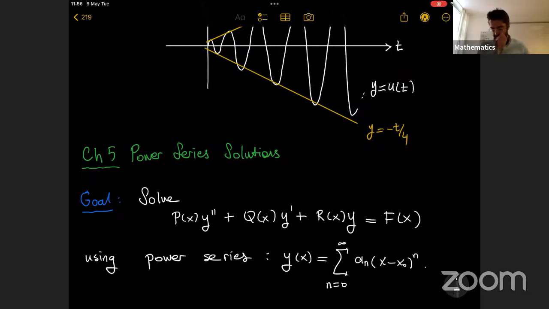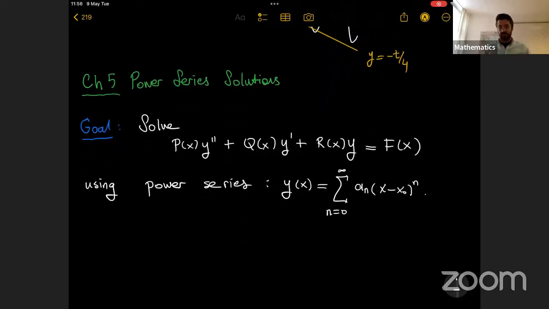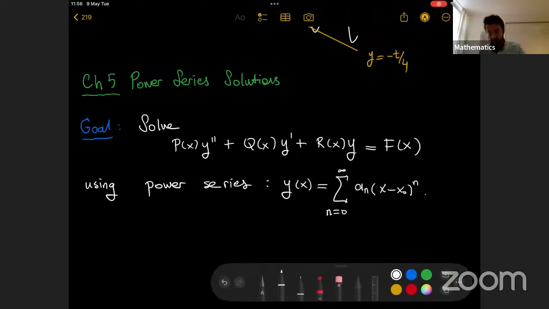Remember this from calculus. A power series is a function in the interval of convergence. So let me remind you of those terms: what's an interval of convergence, radius of convergence, and so on.